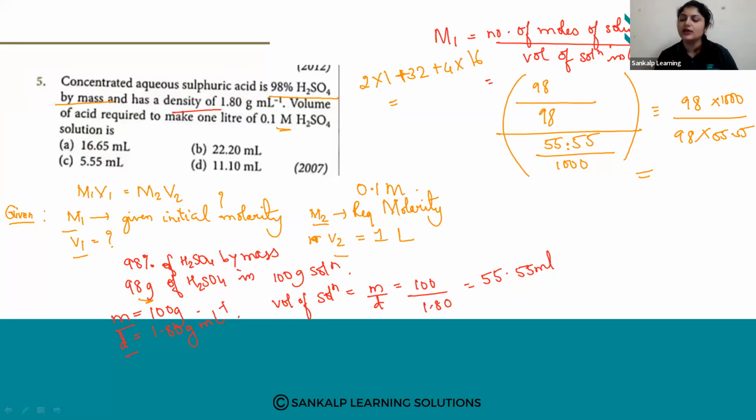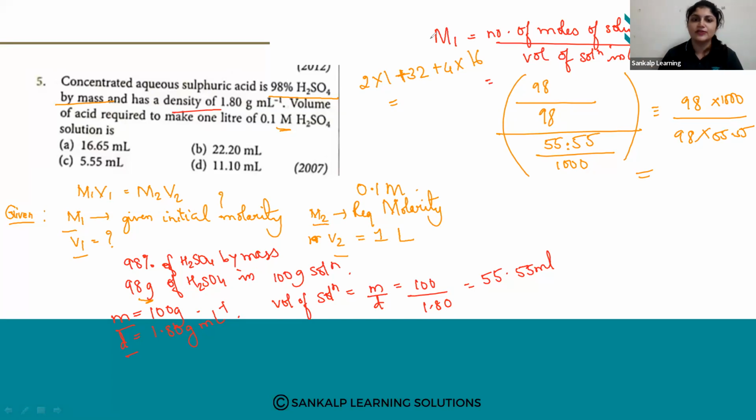98 into 1,000, then divide it. First do it stepwise. 98 into 1,000, then the denominator part, 98 into 55.55, then whatever values you get, you divide.